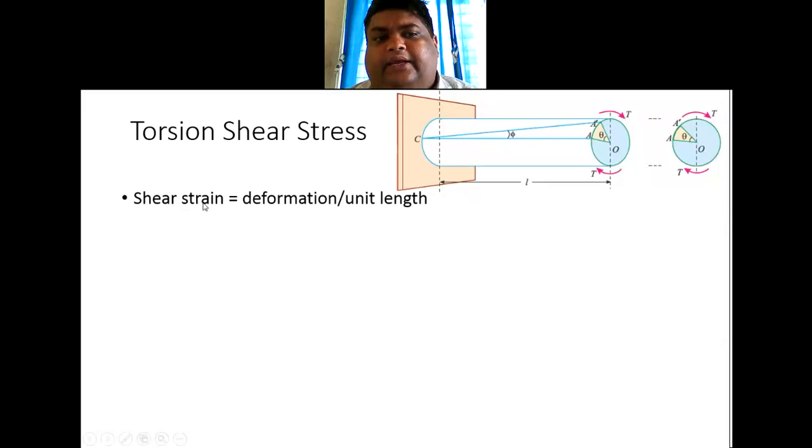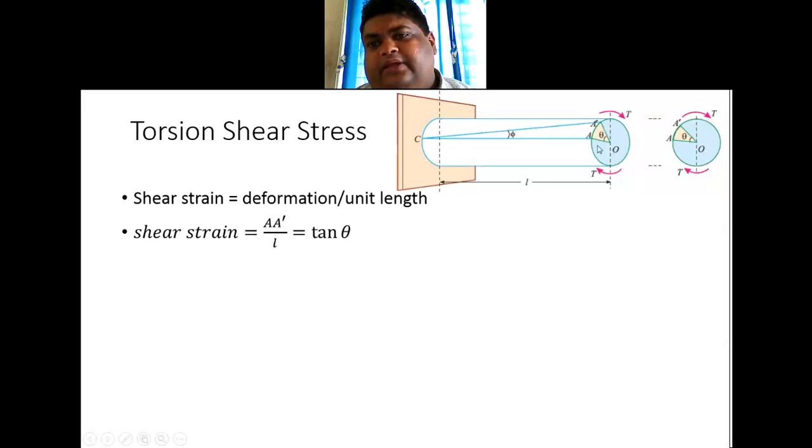The strain, or rather I would call shear strain, that is induced on the component is defined as deformation per unit length, right? Now the deformation here is this, right? Initially it was at this point, now it has moved to A dash, and the length is L of the shaft. So I can write shear strain as AA dash by L, right? Now this theta is very small, right?